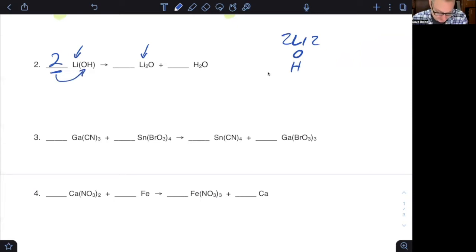On the product side, I have 1 oxygen here, and I have 1 oxygen right there. So now I have 2 oxygens on both sides, which is great. And then finally, hydrogen, same thing. This 2 counts for everything. So I have 2 hydrogens, and all my hydrogen is in the water, which has 2. So 1 and 1, everything is balanced out.